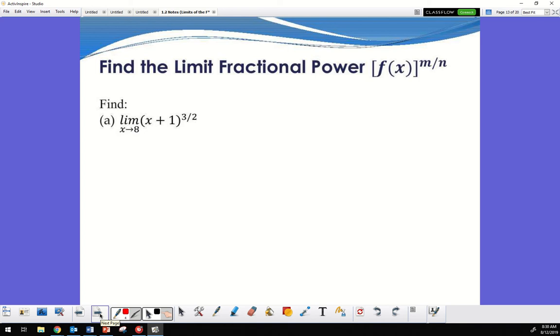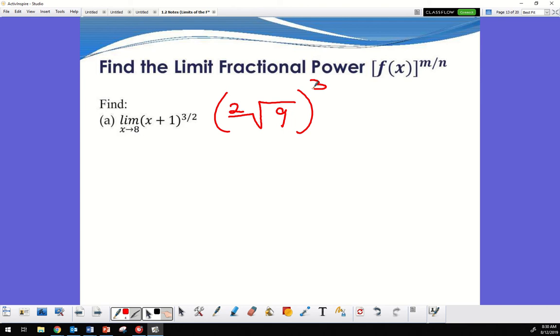Now I'm going to rewrite this before I do it. So I'm going to plug it in. It's going to be 8 plus 1, which is 9, right? So it's basically asking for the square root of 9 to the third power. With fractional exponents, that's all I'm doing. I'm plugging in my limit, doing that, and then worrying about my exponents.